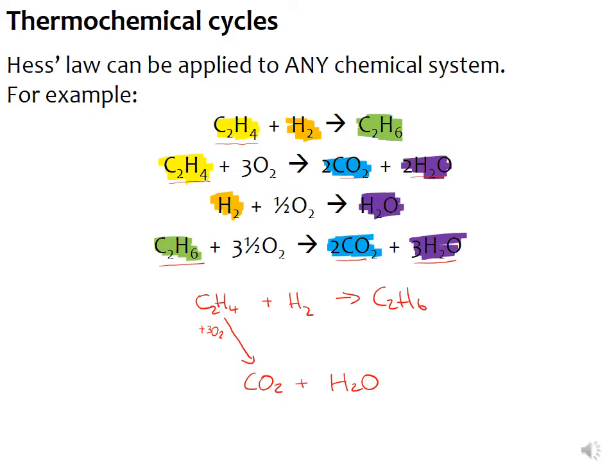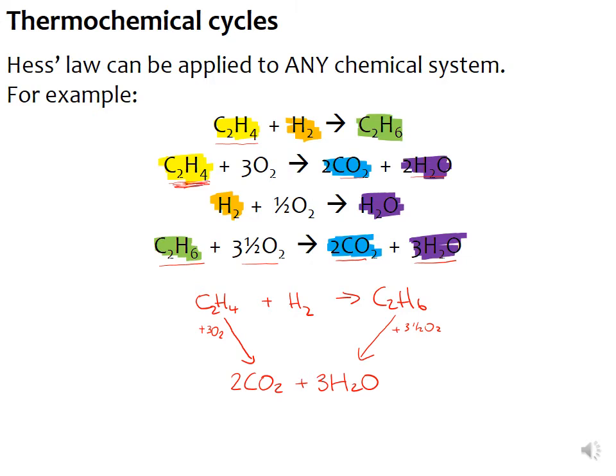So C2H6 reacts with oxygen to form the products we've just written down. Now that's 3.5 O2. We'll talk about that in just a second, but I'll just put that against there. Now we can do the balancing, make sure it's balanced. Okay, 2 CO2 and 3 H2O. Now what I've done there is I've unbalanced the reaction of the C2H4 reacting, but this will all come right again in just a second.